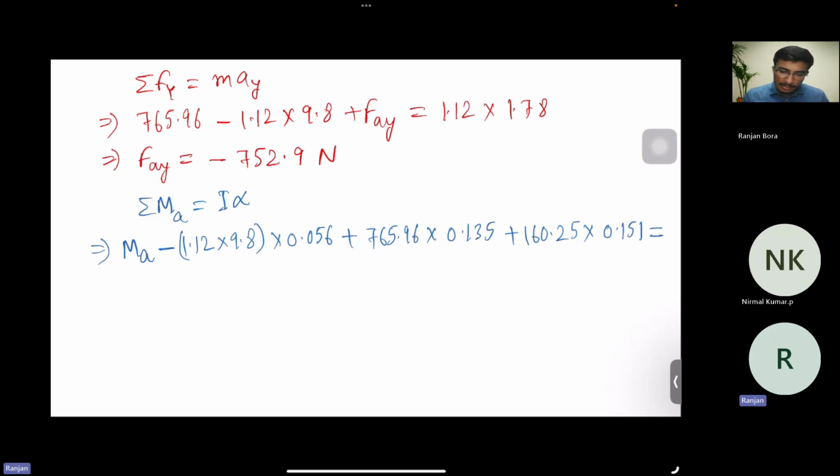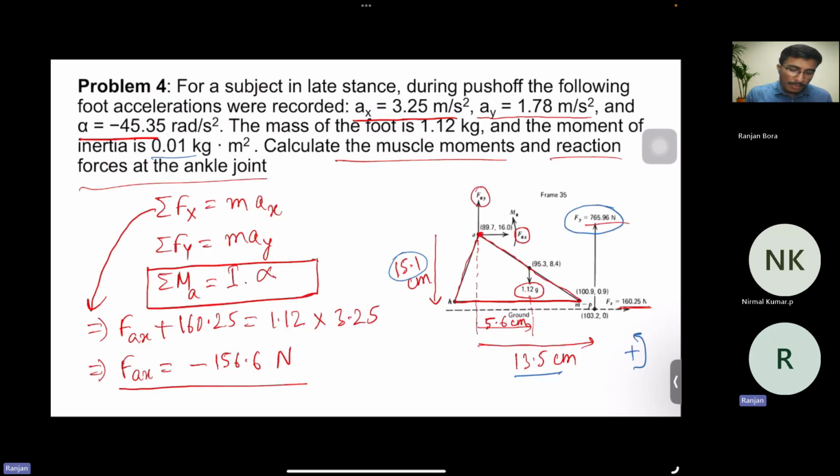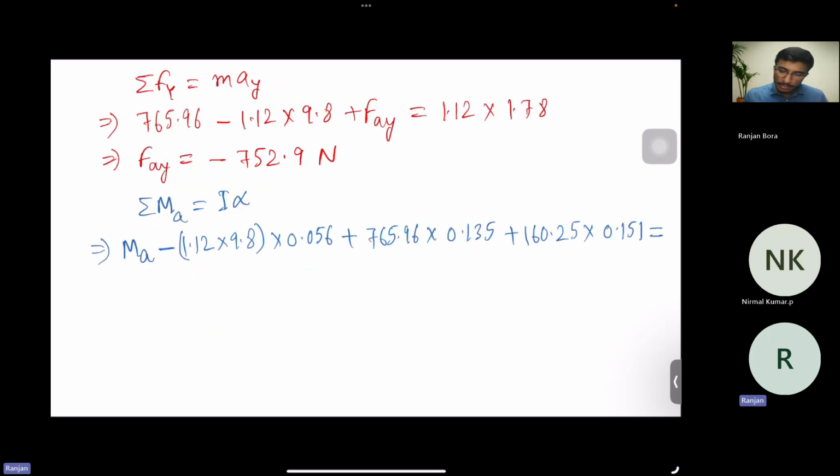I is given 0.01 and alpha is minus 45.35, so 0.01 into minus 45.35.